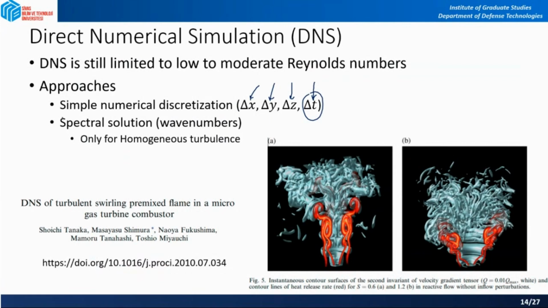The second approach is actually a little bit faster than the first approach in terms of solution. It is to solve everything not in the physical domain, but in the frequency domain, that we call the spectral domain. In a spectral domain, we do not deal with delta x, delta y, delta z.